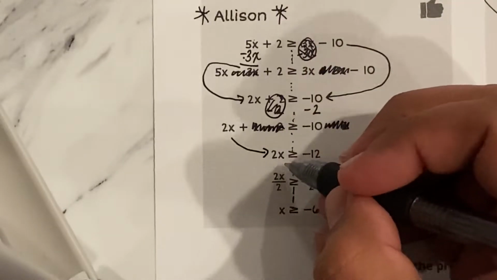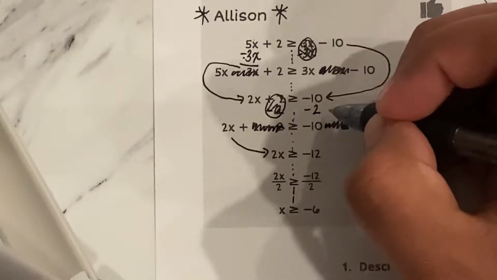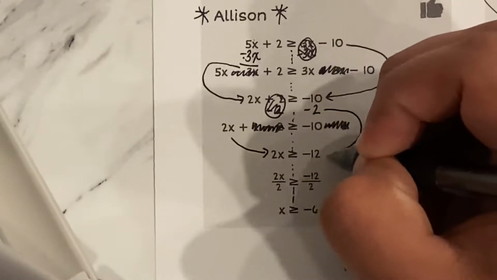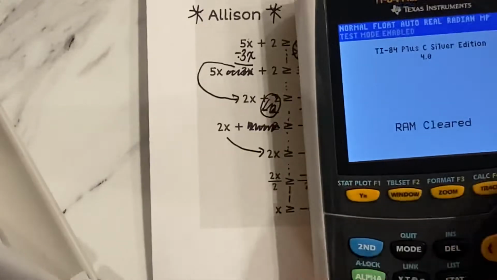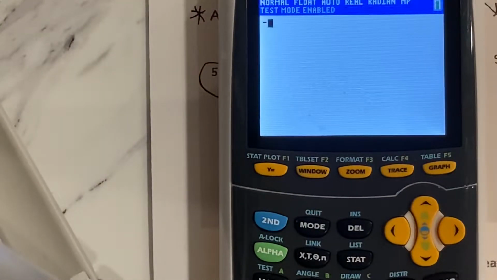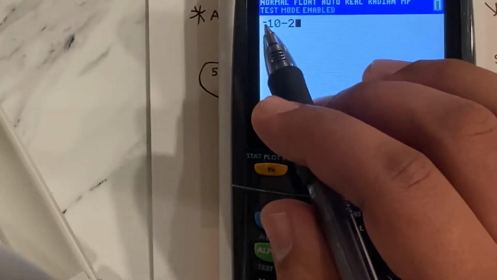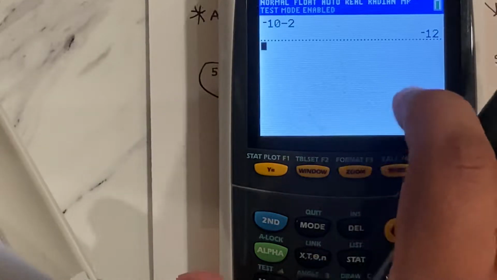We got 2x. -10 minus 2, calculator, gives me -12. We can show you real quick on the calculator. -10 minus 2. Completely different signs, negative sign, minus sign. We get -12, looks good.